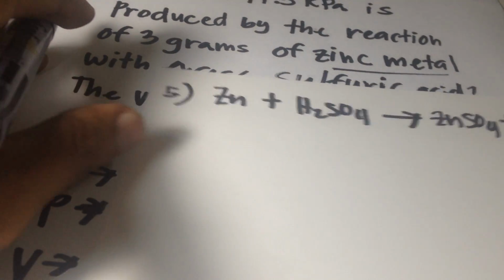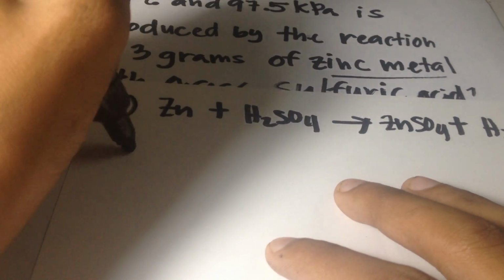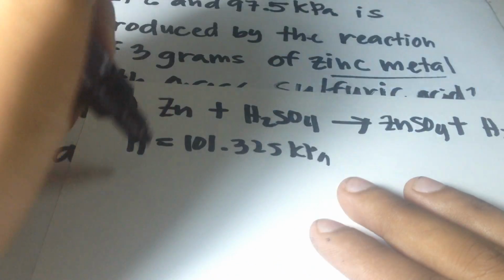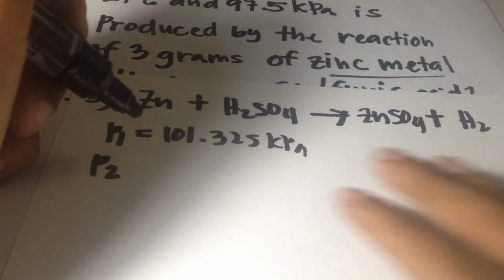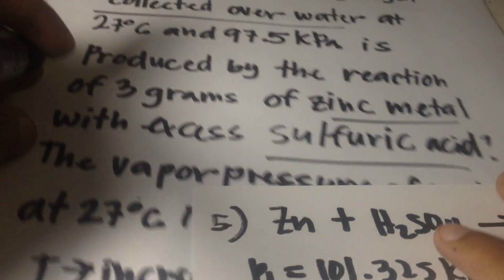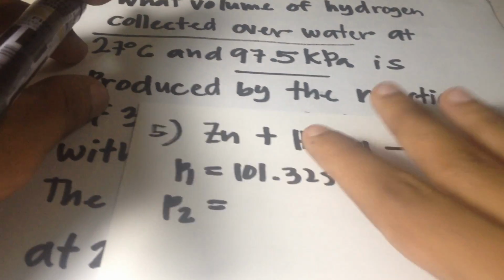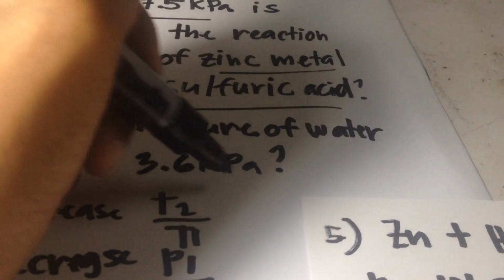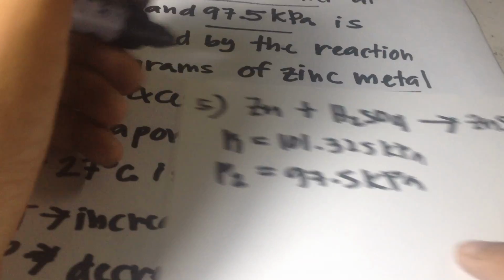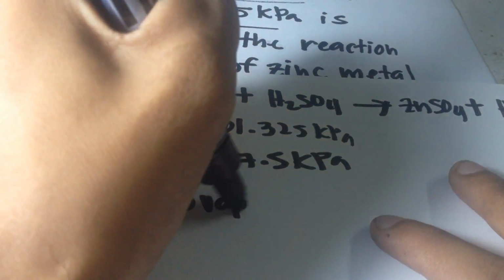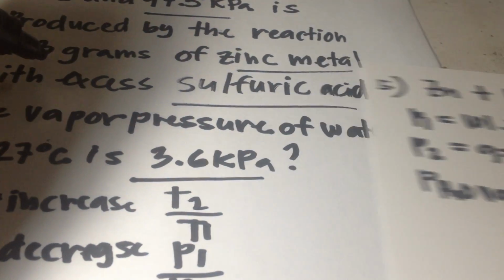Our pressure 1 here is 101.325 kilopascal, and the pressure 2 is 97.5 kilopascal. And then we need to subtract the water vapor, 3.6 kilopascal.